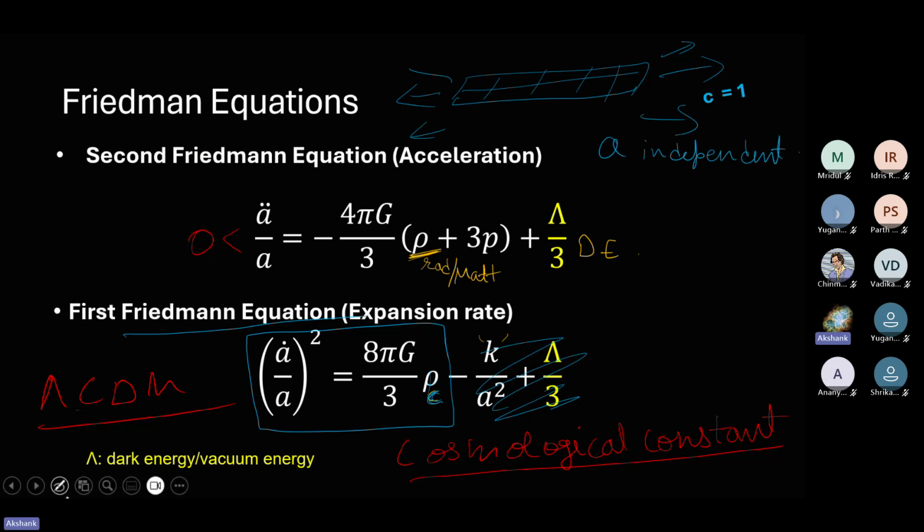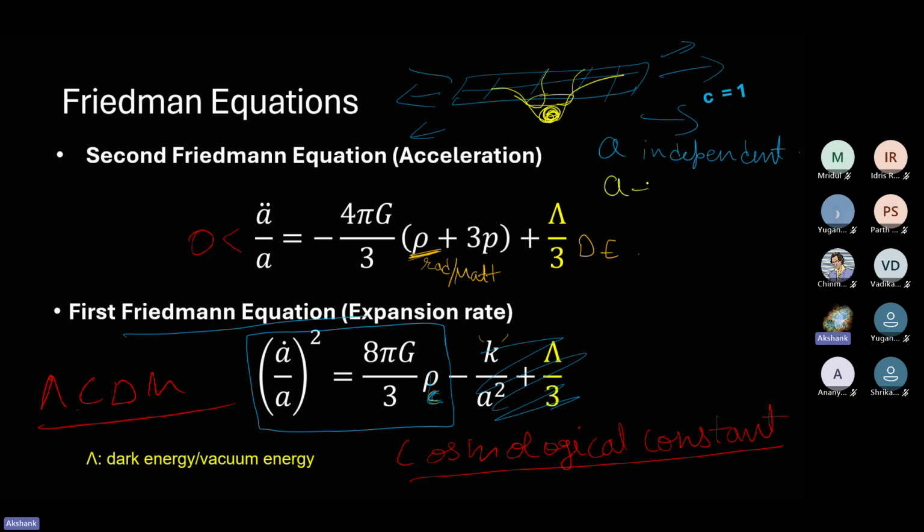But because there is some matter, and that is causing this curvature in space-time, right? This is causing this expansion of this universe to change. This is not the same as it would have been when A was independent.